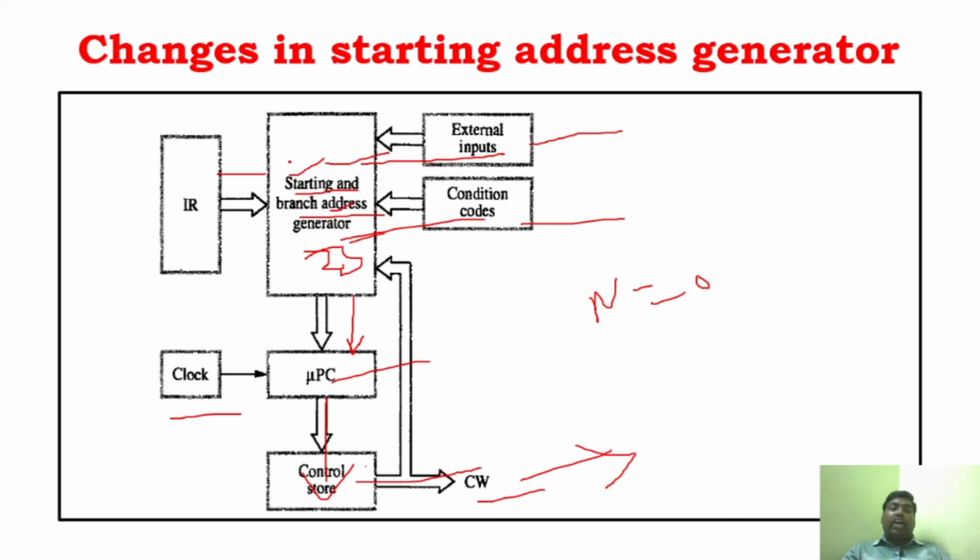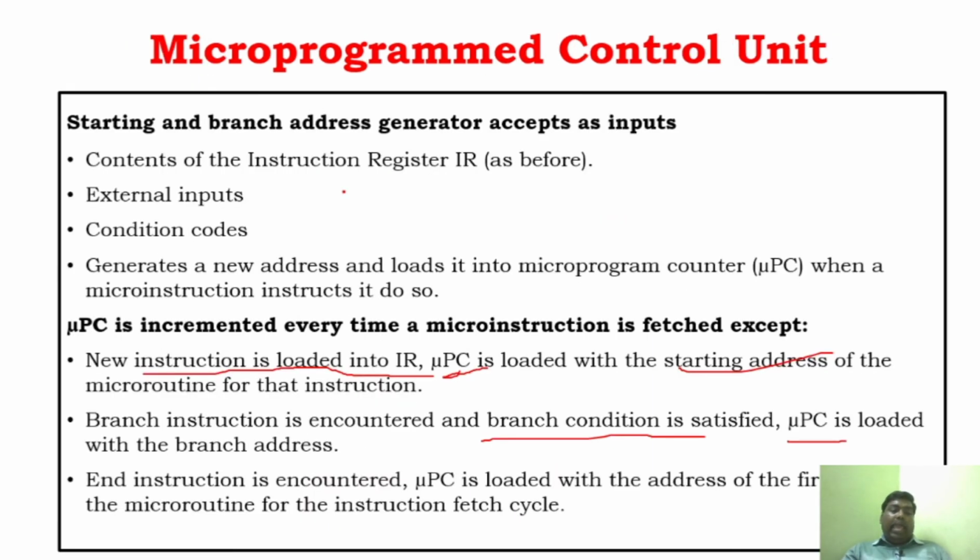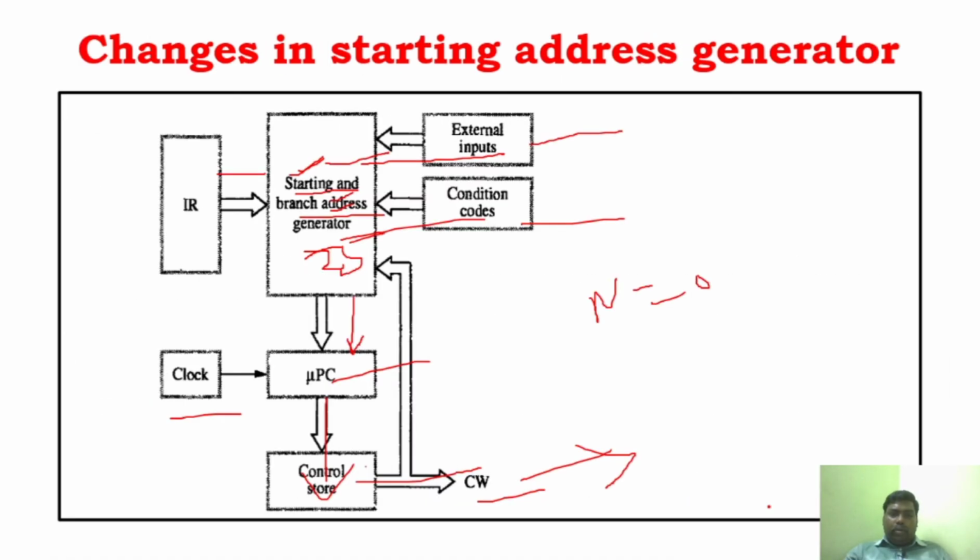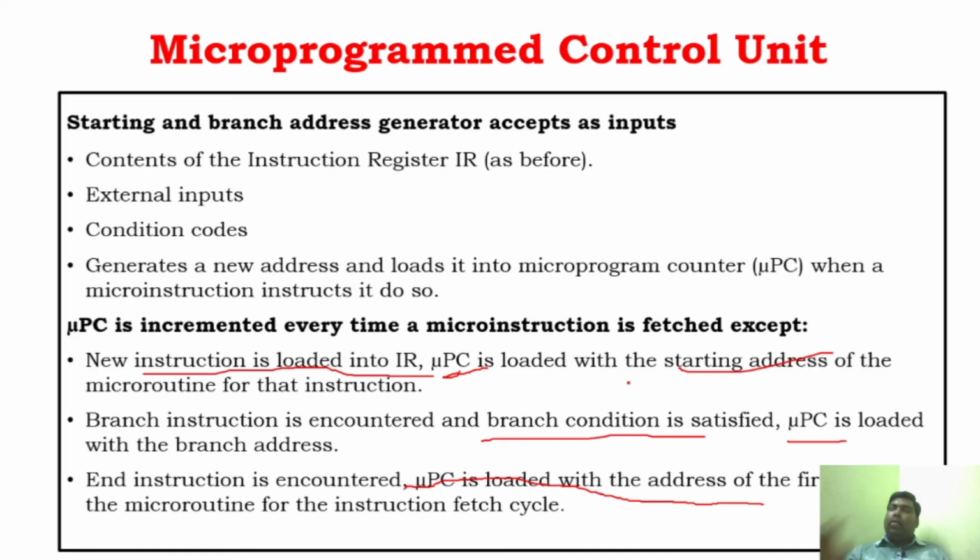If it is a normal instruction, it will start with the starting address, and if it is a branch, it will load the branch address. And each instruction is encoded in the microprogram unit; one particular control word will be fetched from the control store. Based upon the control word, the control signal will be generated.